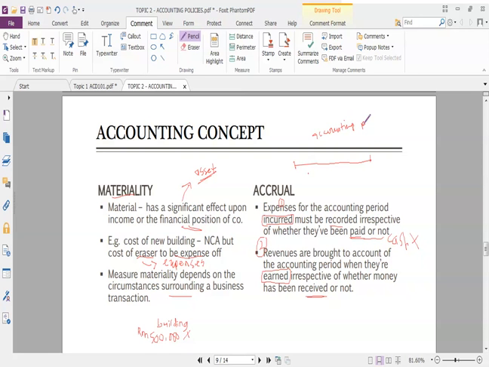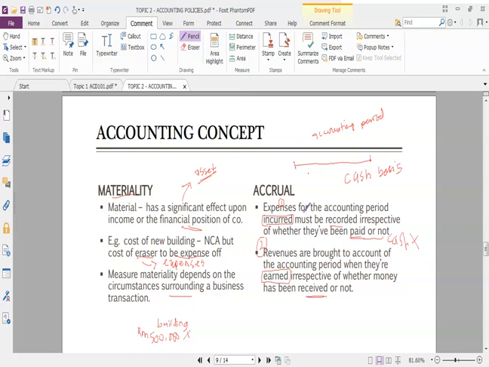The opposite of the accrual concept is the cash basis. Cash basis means that we must record all the amounts that we already spent and already received. But accrual basis is different.